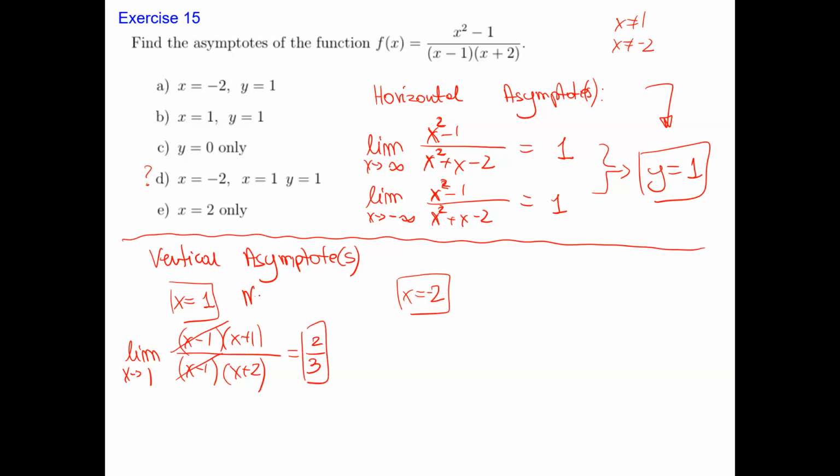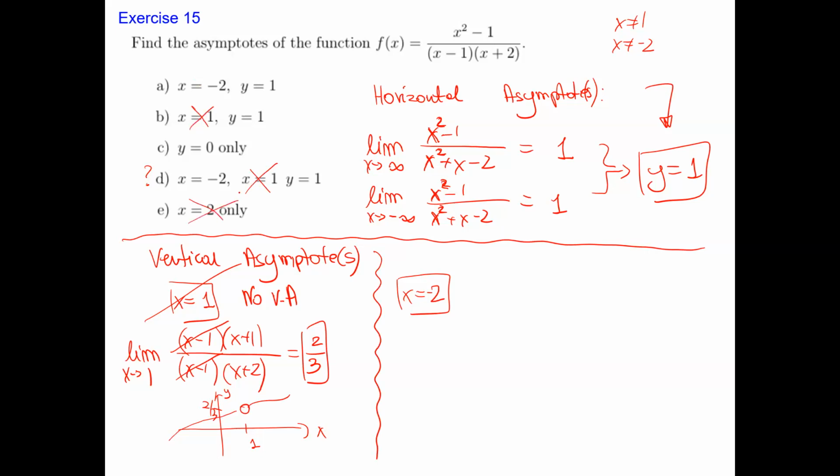That means there is no vertical asymptote, because it is actually removable, correct? 2/3. There will be no value there, of course, but the limit exists as a finite number. That means it's not a vertical asymptote.